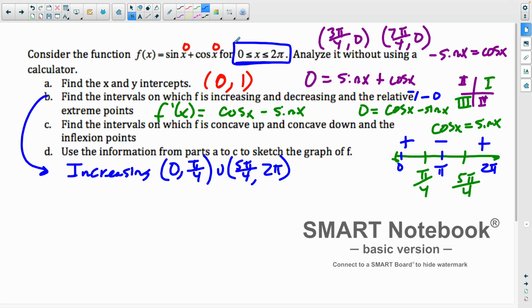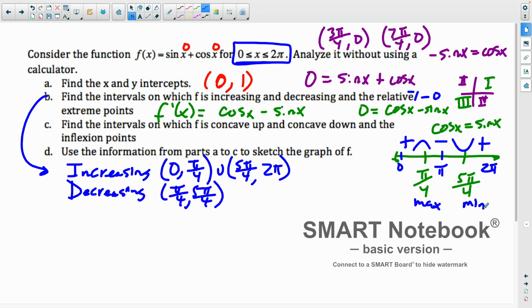Okay? It is decreasing in the other spots on the graph, from pi over 4 to 5 pi over 4. It's decreasing. Now, this is slope, so I'm going positive slope to negative slope, so this one is a maximum. Negative slope to a positive slope, so this one's a minimum.